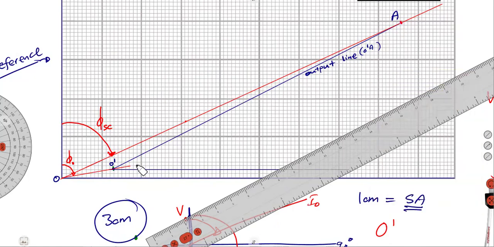Let me change this one from this point, 11.8, somewhere there, here, 11.7, 11.8. So according to my graph in this case, 11.8 is somewhere there.